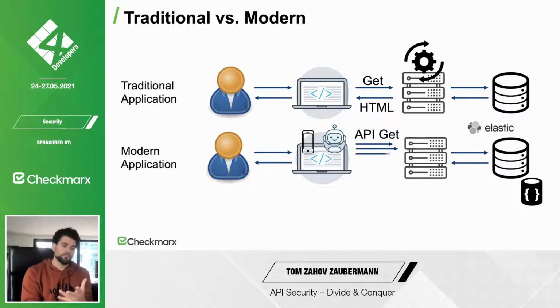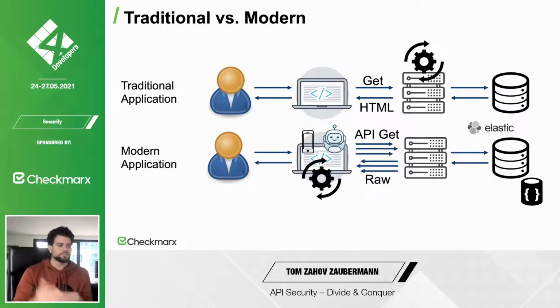But when we speak about modern applications, it's not like that. I guess most of you are also aware of it. We send an API GET. We send back raw JSON or whatever, and then all the rendering and most of the things are actually happening on the client side.